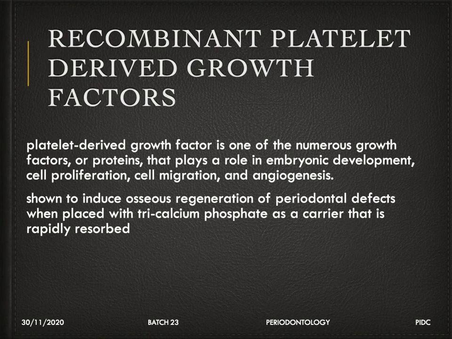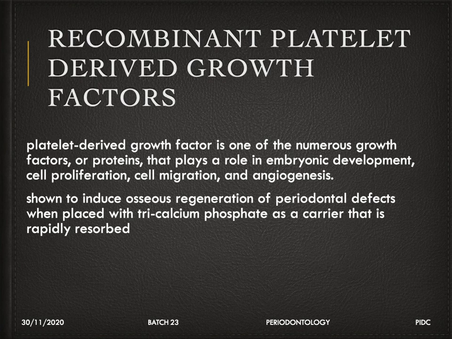So we need different proteins at different stages of healing for regenerative procedures. All these proteins present at the same time will not induce regeneration. Each and every protein is required at a specific time duration.